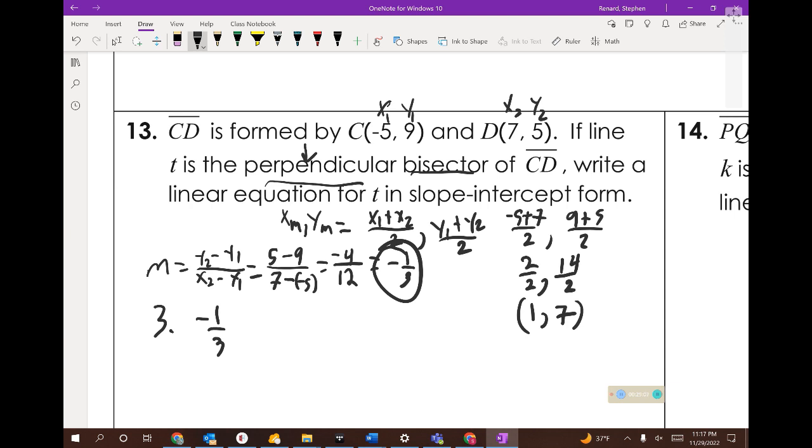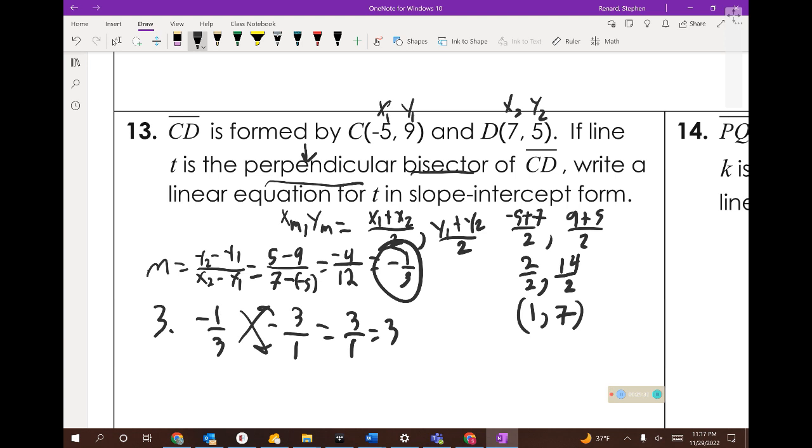It's perpendicular, so we need the negative or the opposite reciprocal. We're going to flip this upside down to get -3/1, and then we apply the opposite to it, or the negative to it, and that gives us a positive 3 over 1, or just 3.